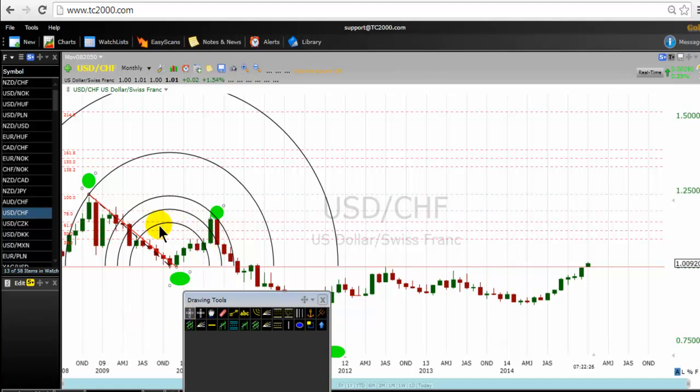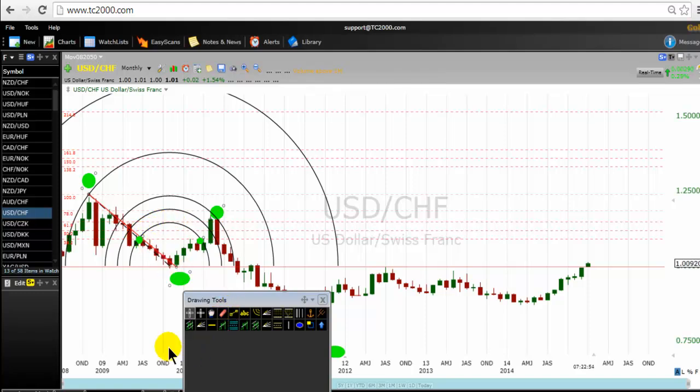So the first arc is drawn from two points of the normal Fibonacci level. You see this is the 38.2%. The first arc is drawn around the 38.2% level, so this is the 38.2% Fibonacci arc.